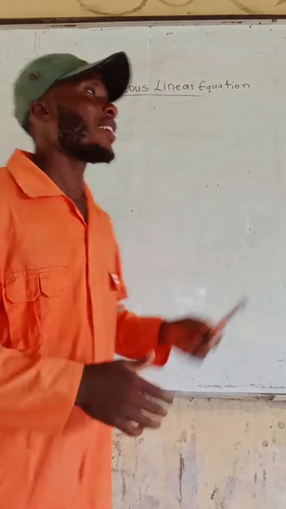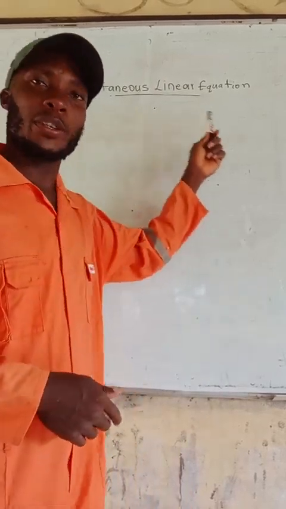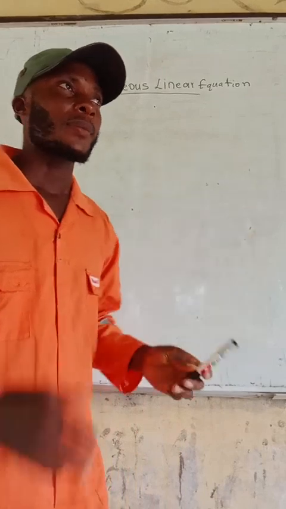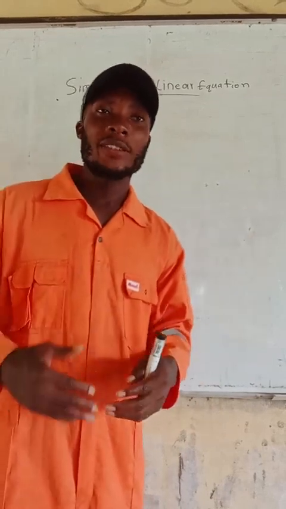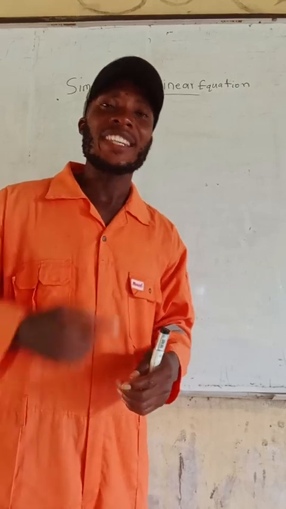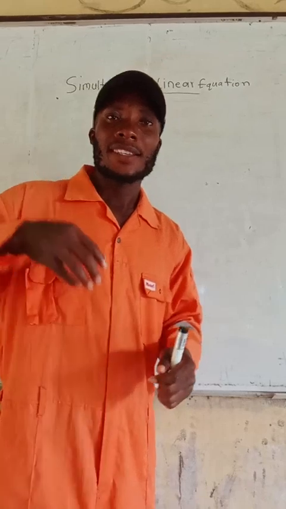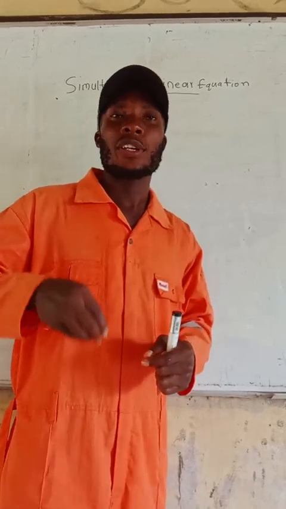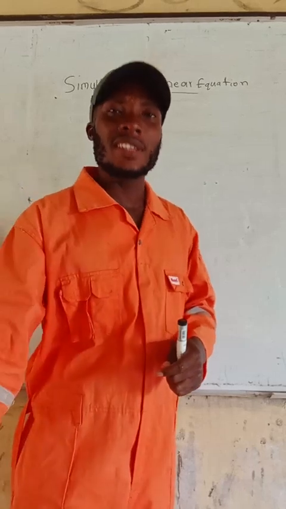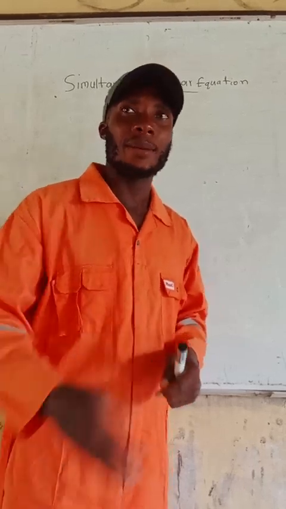So when you say simultaneous linear equation or simultaneous equation, it means solving more than one equation at the same time. We say solving more than one equation simultaneously, that is at the same time.